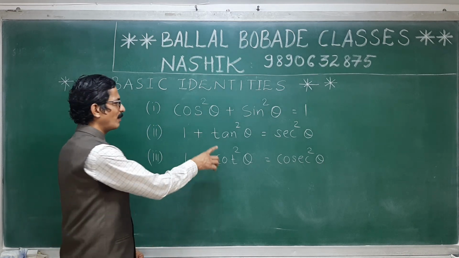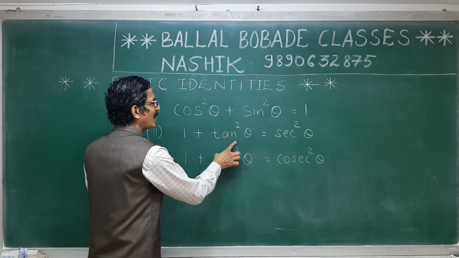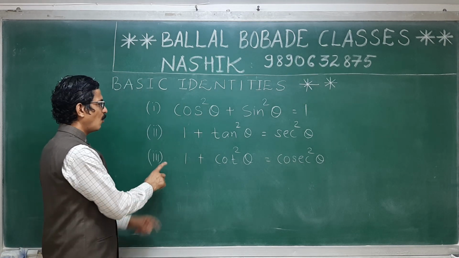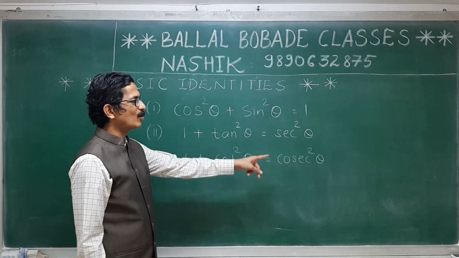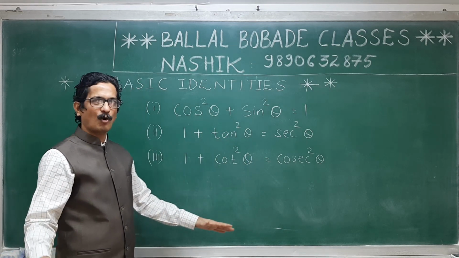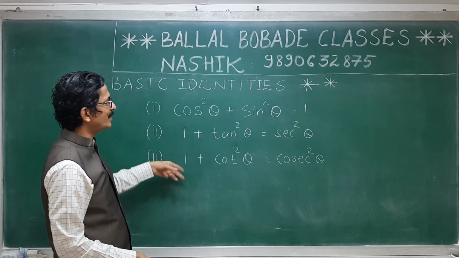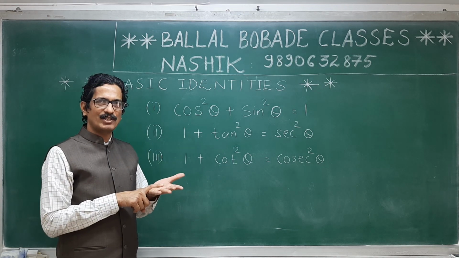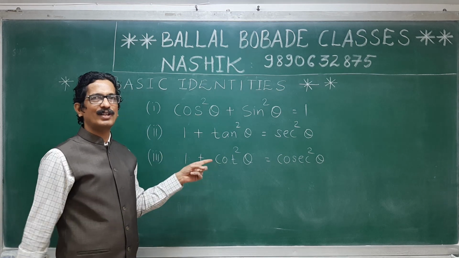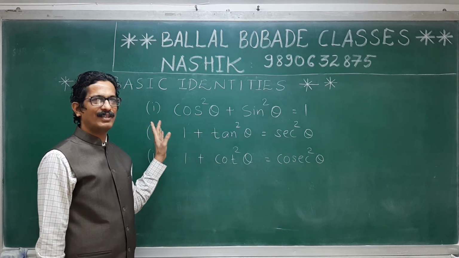Within the restricted domain, we can always use 1 plus tan square theta equal to sec square theta, and the last one is 1 plus cot square theta equal to cosec square theta. So those who want to solve any trigonometric problem ought to know these three identities. Cos square plus sin square is 1, 1 plus tan square is sec square theta, and 1 plus cot square theta is cosec square theta.